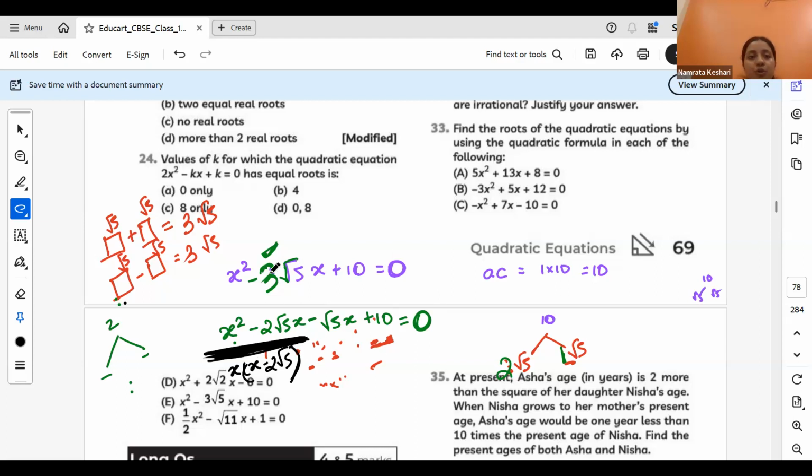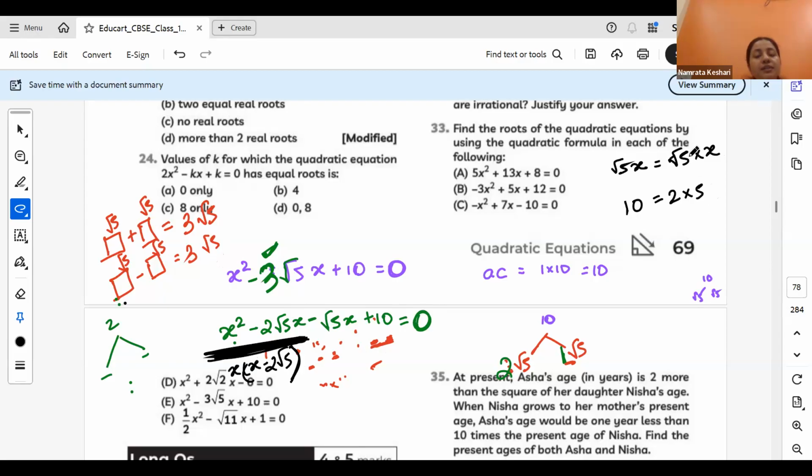But from the next two terms, if you are not getting it, then write it separately: you are having root 5 x, you are having 10. Just like the first chapter, LCM, HCF, how you used to factorize. Let's do the factorization. Root 5 x means root 5 into x, and 10 means 2 into 5.